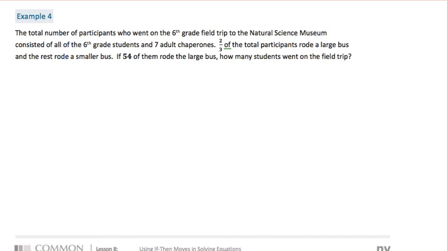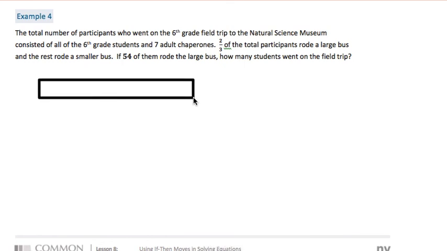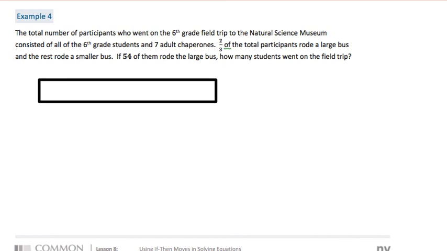So let's draw, again, a tape diagram to represent. And let's section it off. It said all of the 6th grade students and 7 adult chaperones. So we'll separate a little section there.